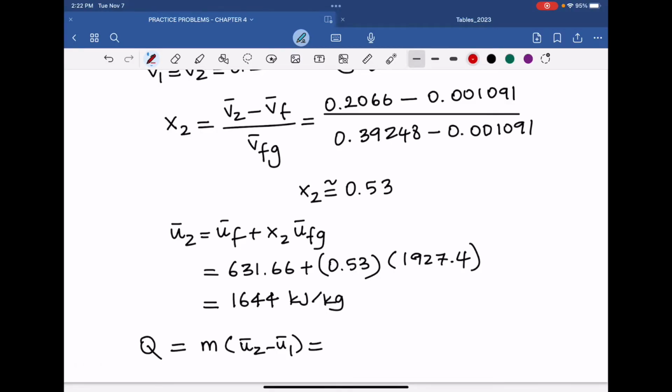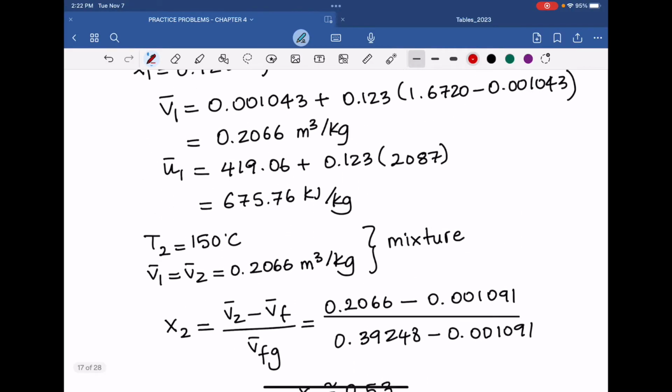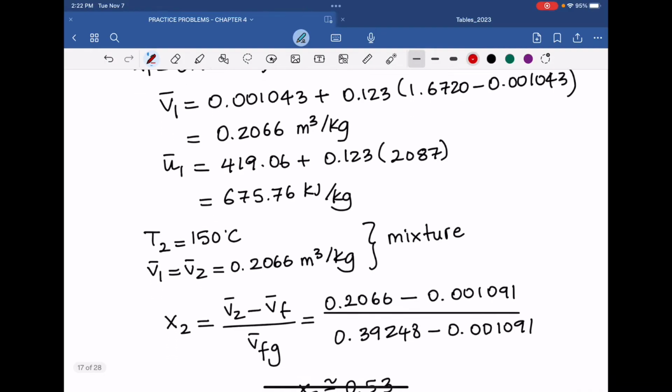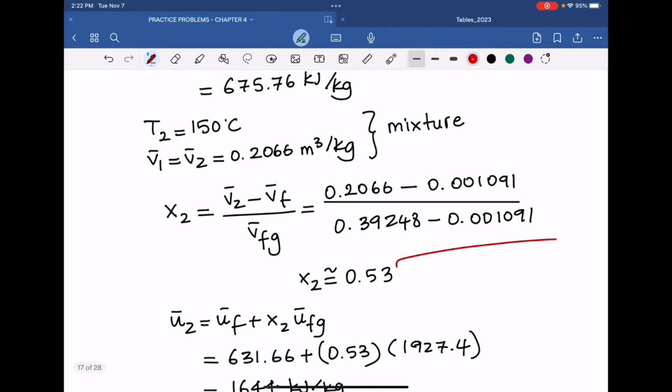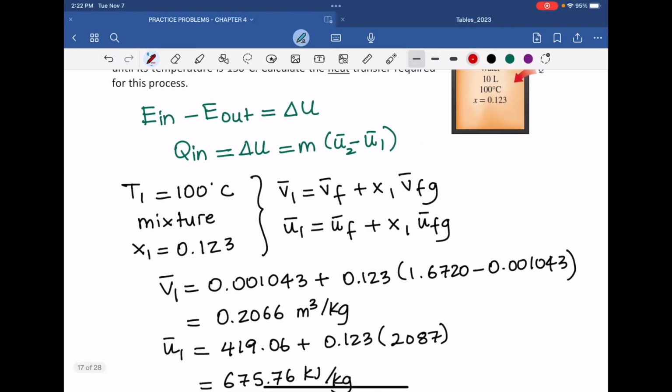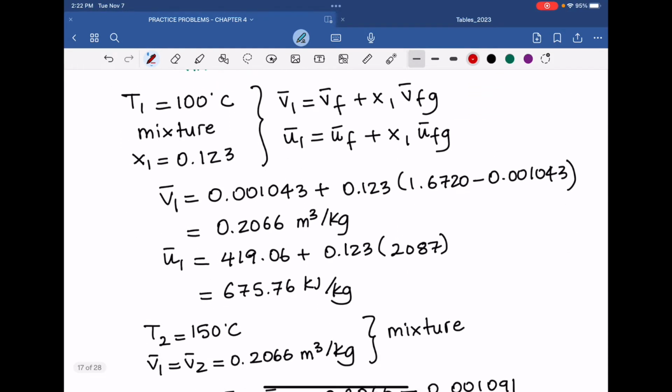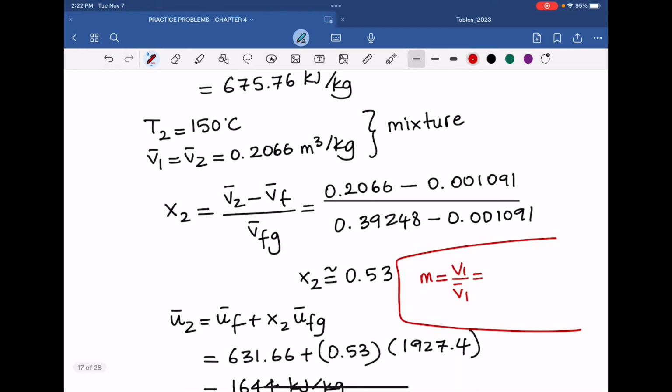Let's do it here, where we have mass calculated from volume over specific volume, and the volume was initially 10 liters, meaning 0.1 meter cube.